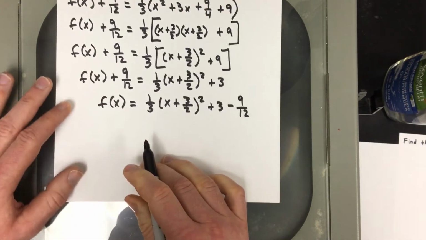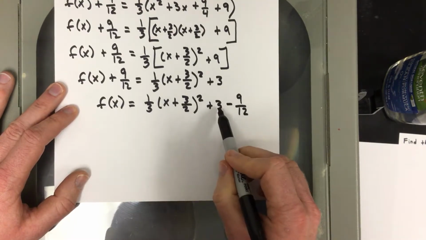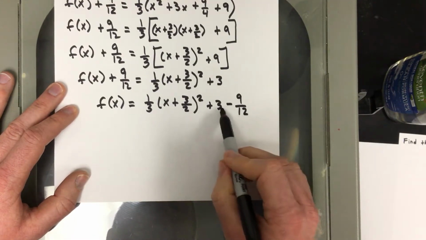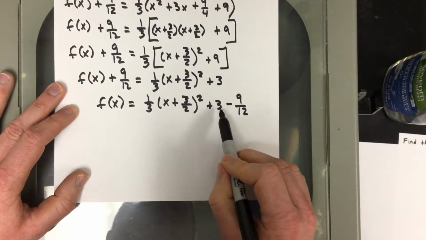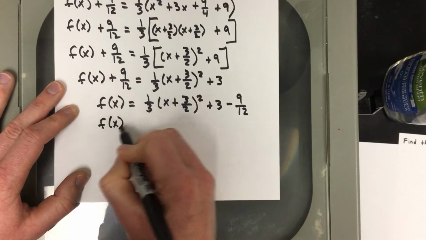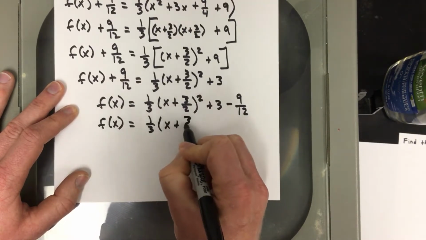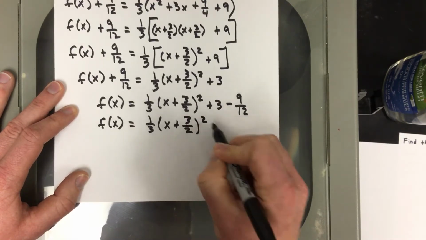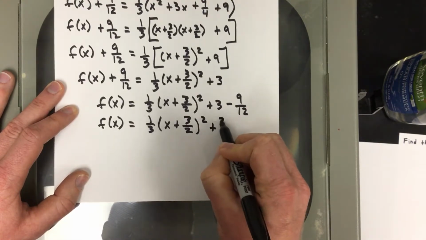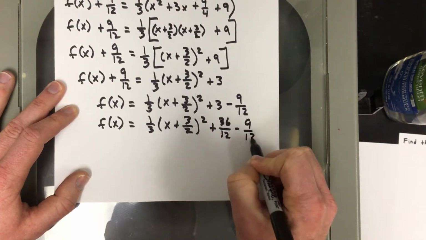So then what I want to do is get a common denominator for 3, and this 3/1 and this 12 will be 36/12. So f of x equals 1/3 times x plus 3/2 squared plus 36/12 minus 9/12.